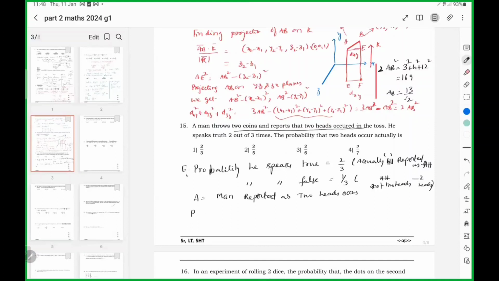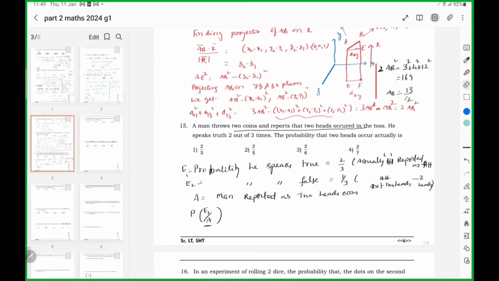So this is, let us say, event E2, actually reported as two heads. What is the probability that that is true? Here A is an event that he reported as two heads.